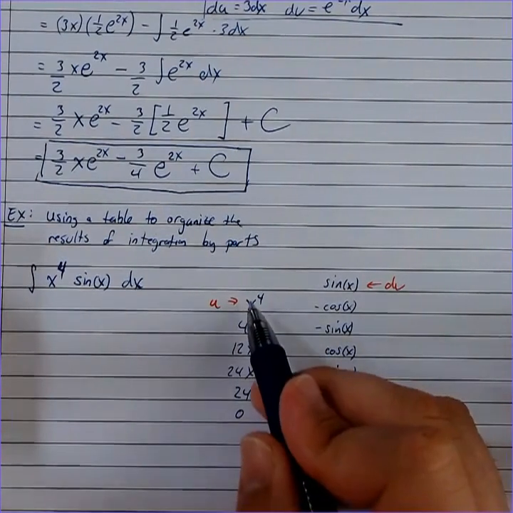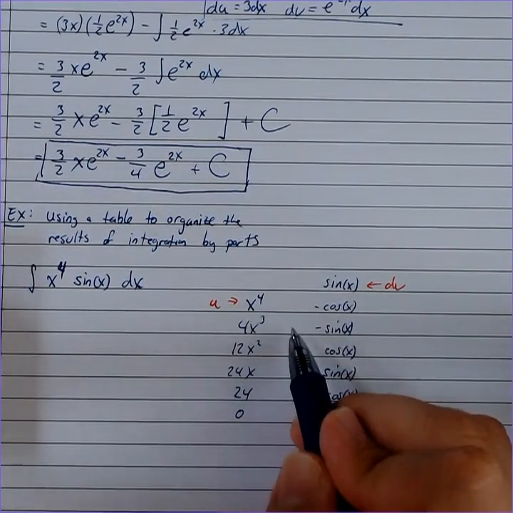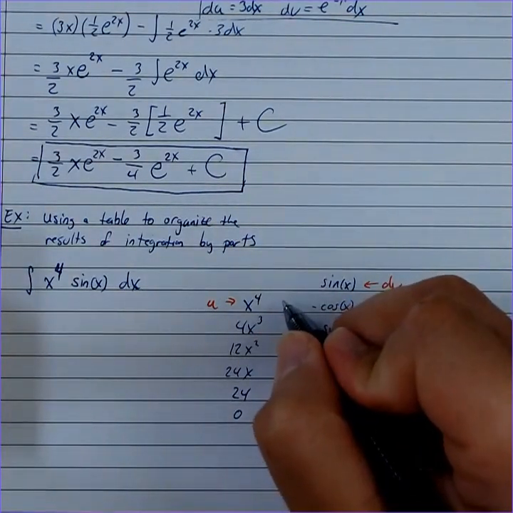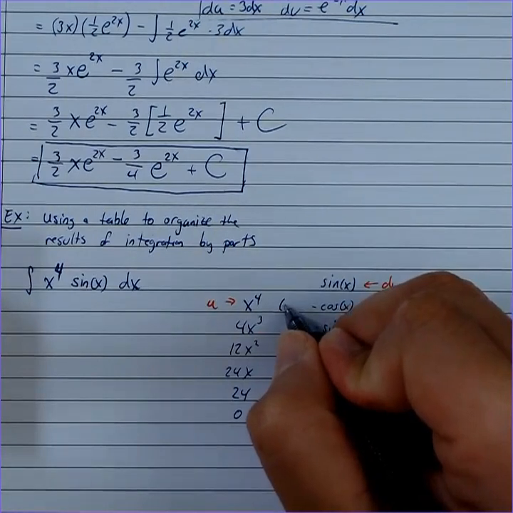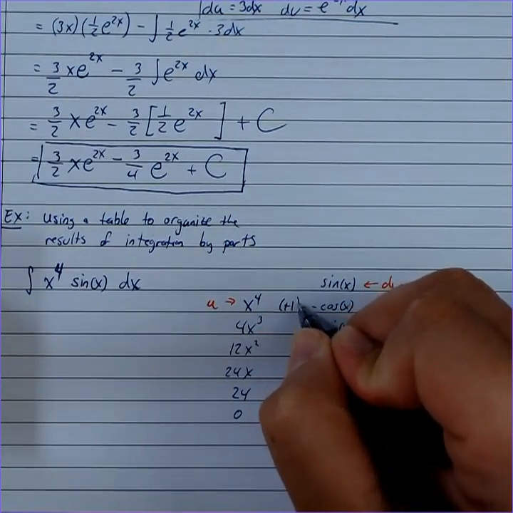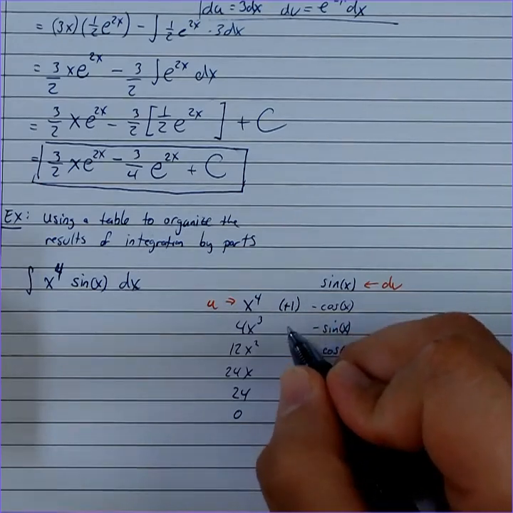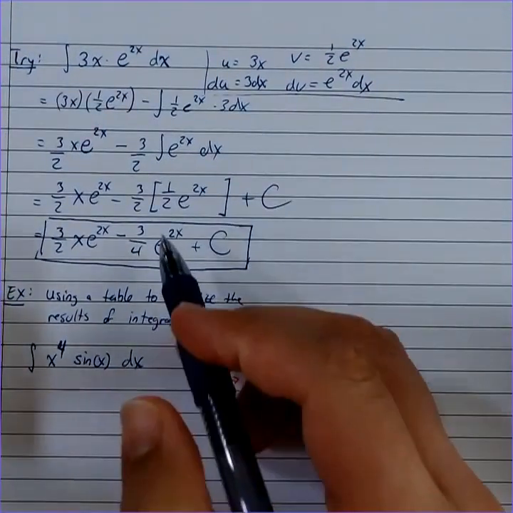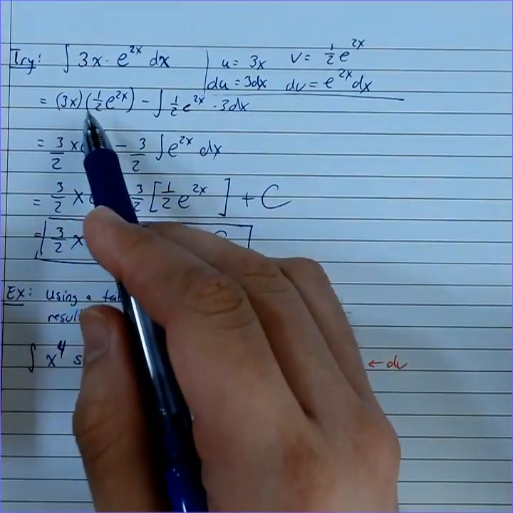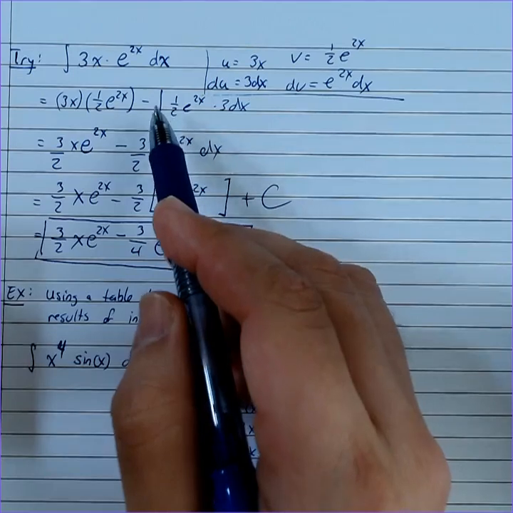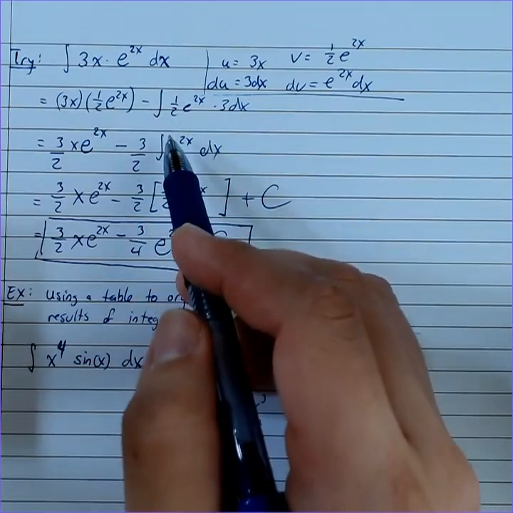So, between each of these, you're going to place either the number positive 1 or negative 1. And you're going to do it in an alternating fashion, starting with positive 1. The reason we need this positive 1, negative 1, positive 1, negative 1: remember, integration by parts is uv minus the integral of v du. But if you use it a second time, you'll have minus a minus, which will change it to plus.